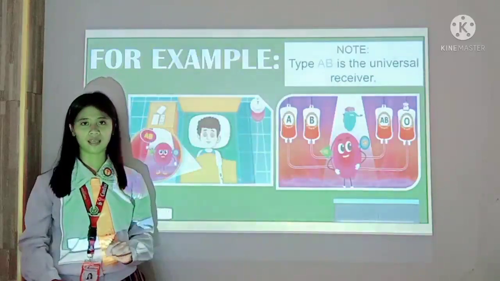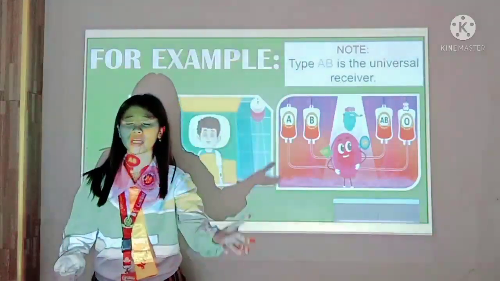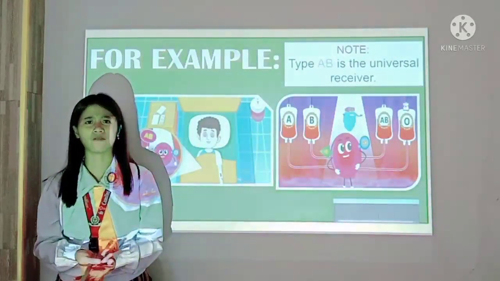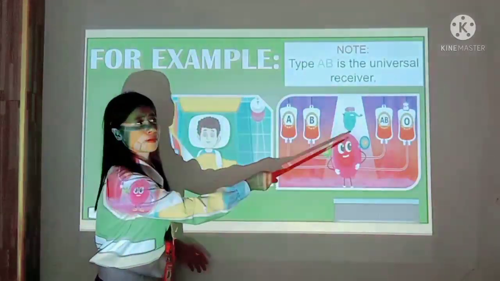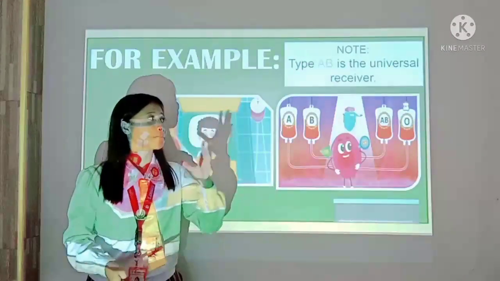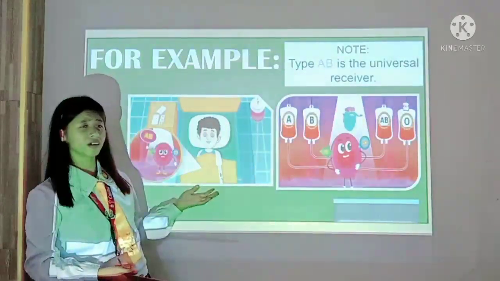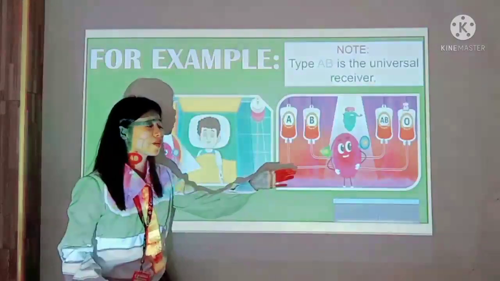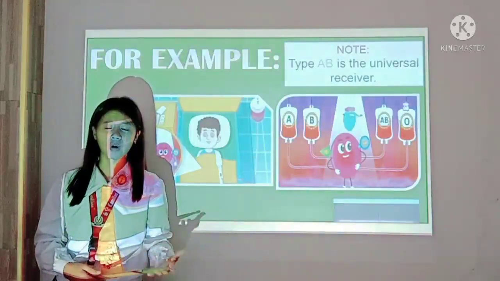And take note with this, okay? This AB blood type is the universal receiver. Why is it so? Bakit siya naging universal receiver? Kasi nga, as you can see here in the picture, the type AB blood can receive any kind of blood type here. Kasi nga, if you will remember, AB has no antibodies.